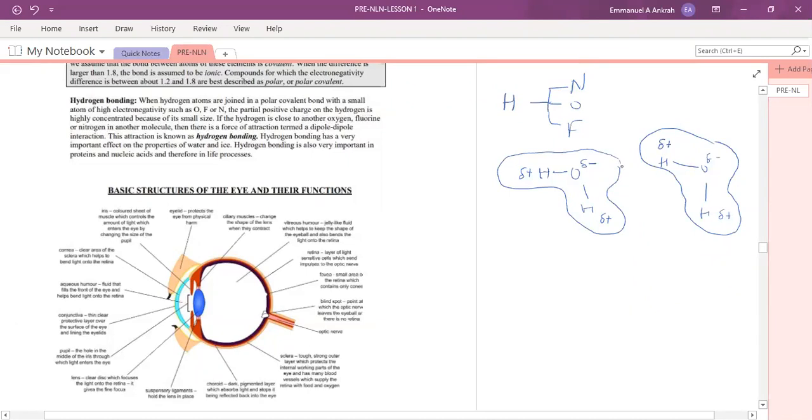Now, positive always attracts negative. So the oxygen will interact with the positive hydrogen here. There's an interaction between the two. And this interaction here is what we call the hydrogen bond. The hydrogen bond interaction between the two. So that's what holds the water molecules together, the hydrogen bonding.